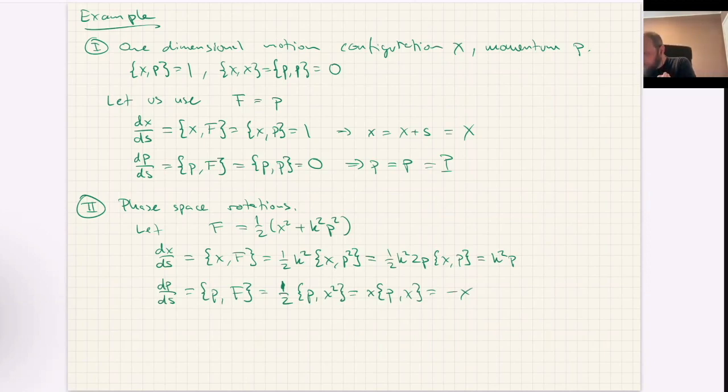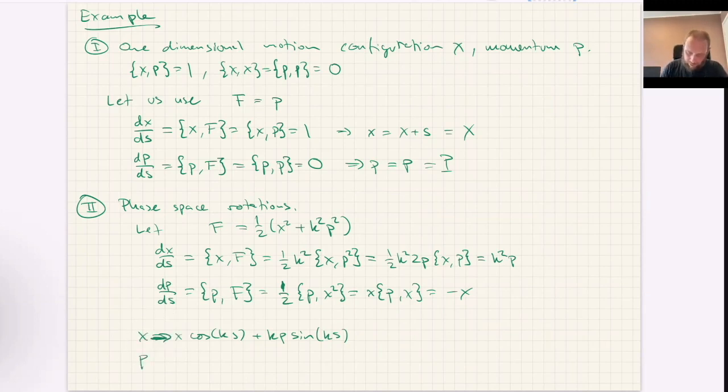Okay. So now you have the differential equations for this flow in phase space, and if you solve this, you'll end up with an x that is x cosine ks plus k p sine ks, and well, x goes to that.